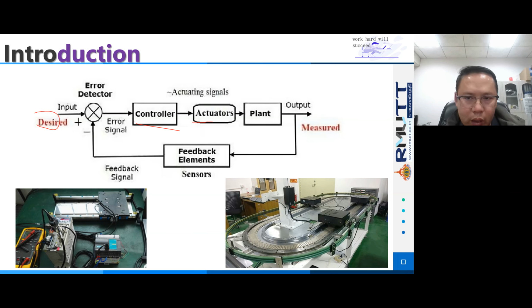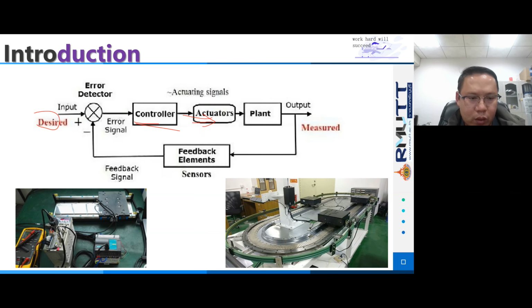The controller processes the error and determines the control signal needed to drive the actuators to minimize the error. The error is calculated.